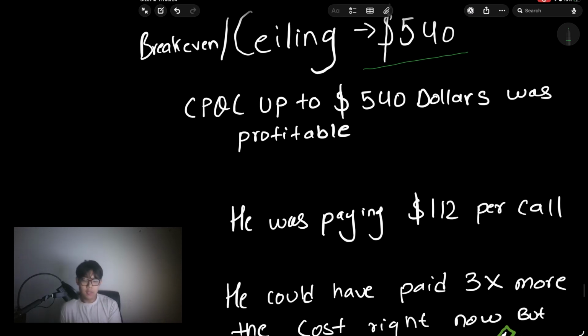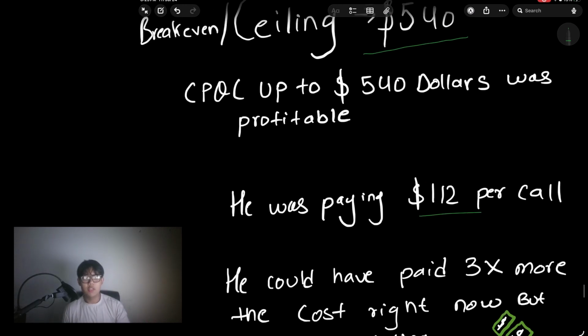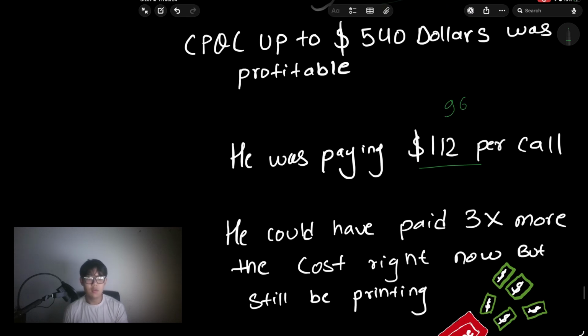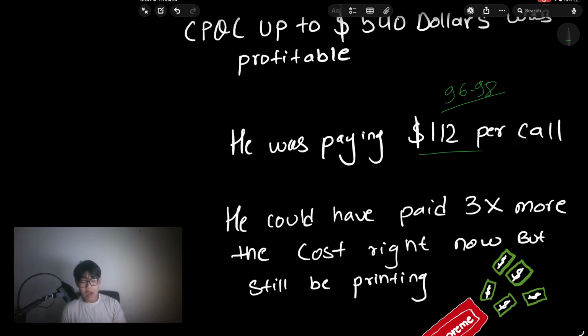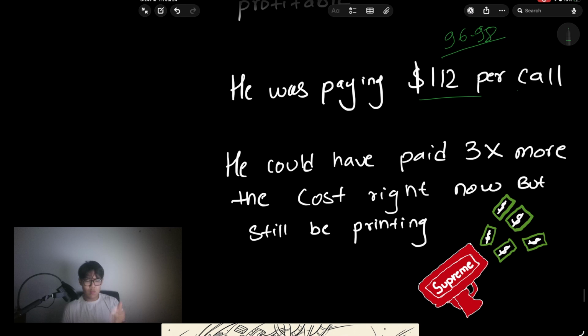In this case, he was spending around $112 per call, which initially, from his 96 or $98, did increase. However, we can easily say that he could have paid almost 3 times more money and would still print, right?